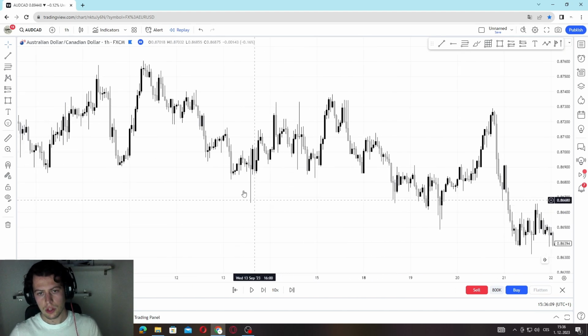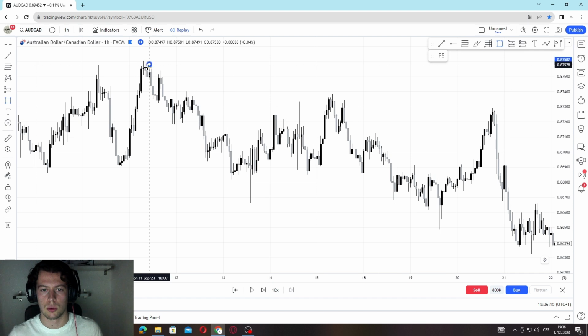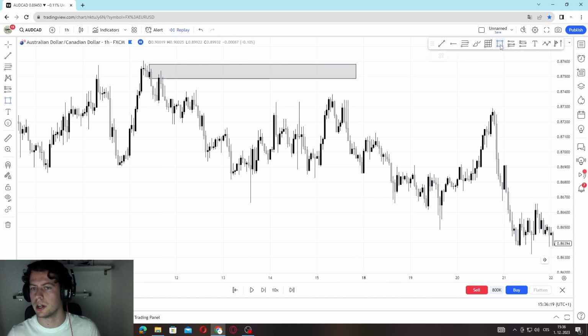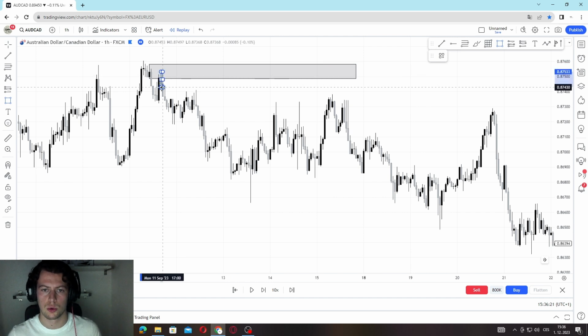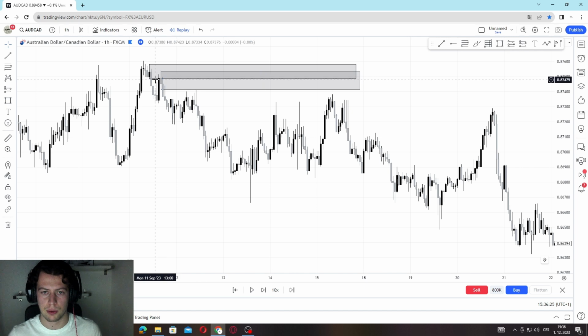So for example, here we have a lot of supply zones. We have one here, we have another, also could be like this. Why from here?